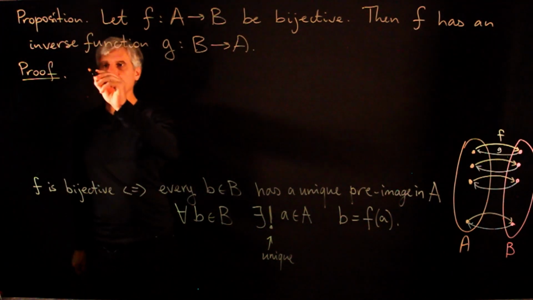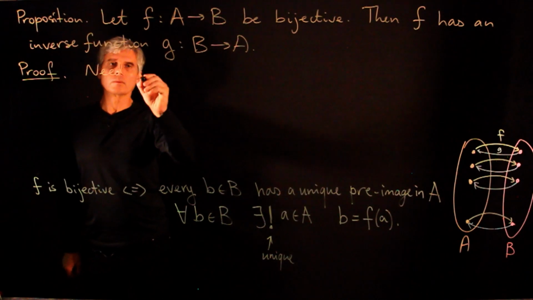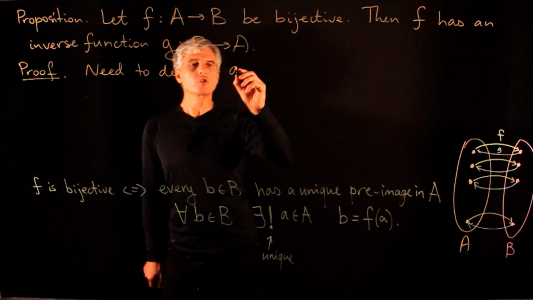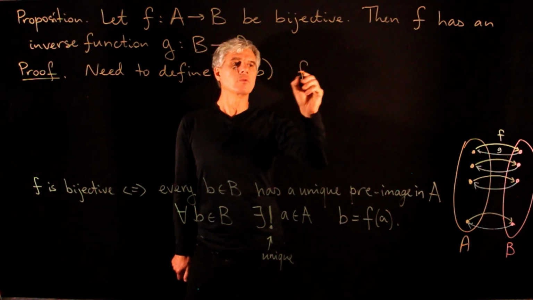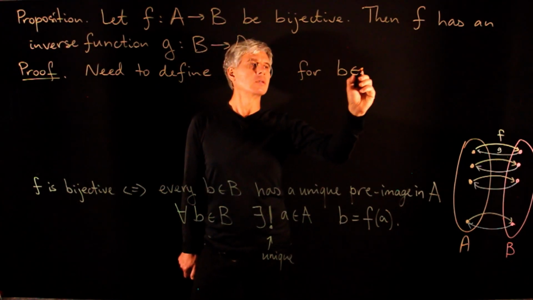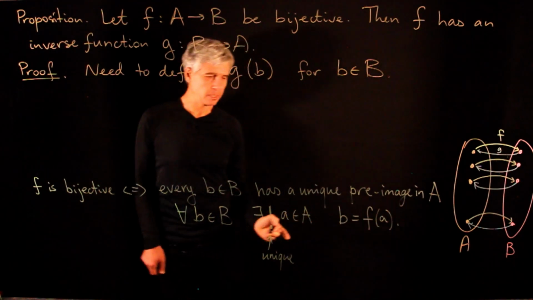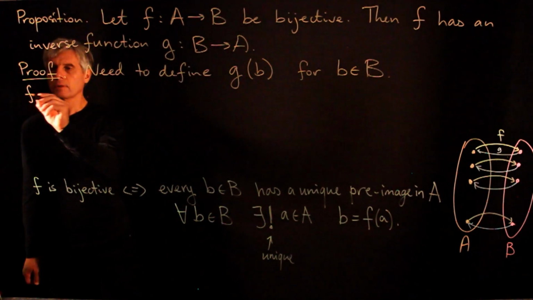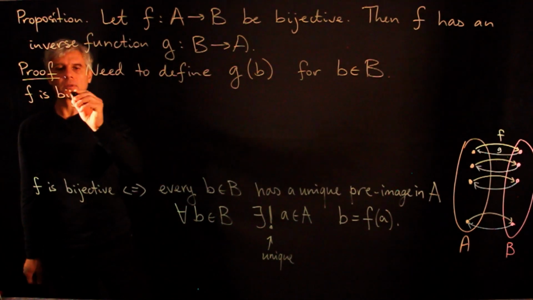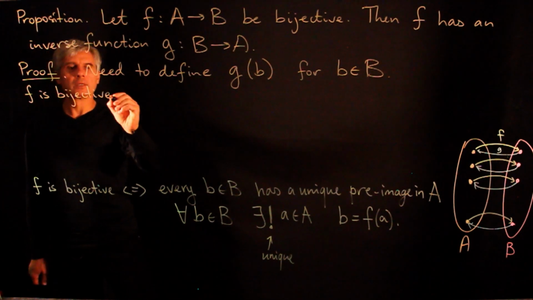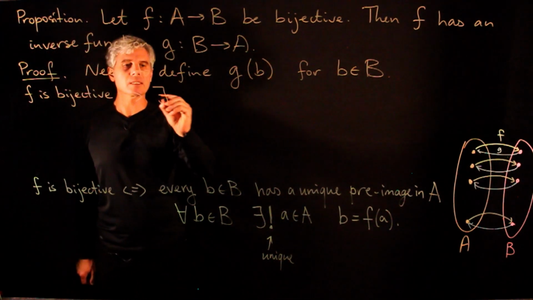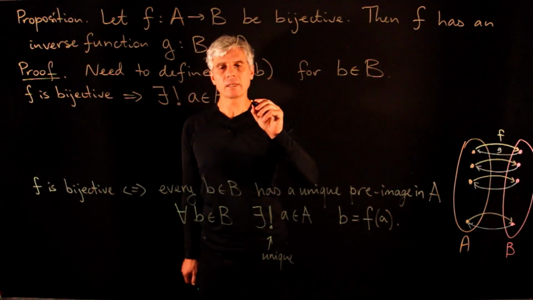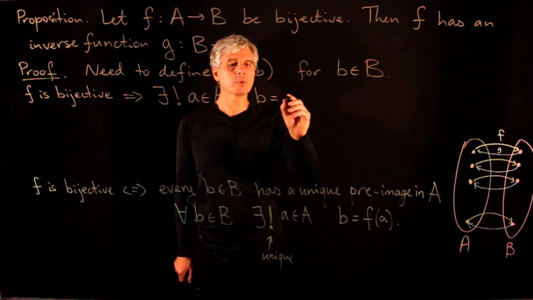So we need to define the value g of b for any element b in the set B. But we know that f is bijective. So this implies that there exists a unique a in A such that b is equal to f of a.